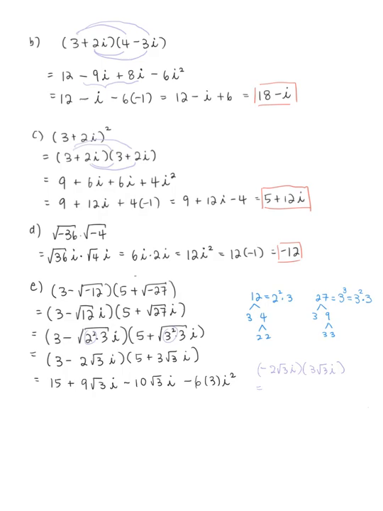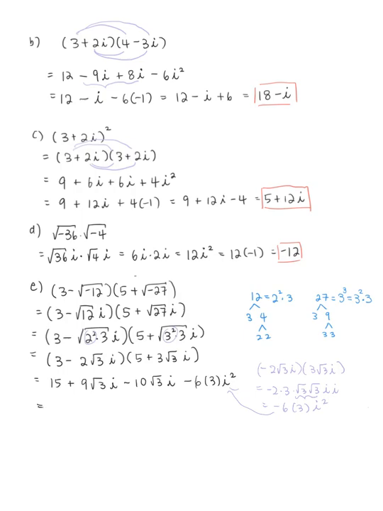So I can rewrite this as negative 2 times 3 times root 3 times the root 3 times i times the i. Same thing. That's why I got negative 6, and then square root of 3 times square root of 3 gives us 3, and then we had i squared. That's how I got this guy right here. All right, so now let's keep going.